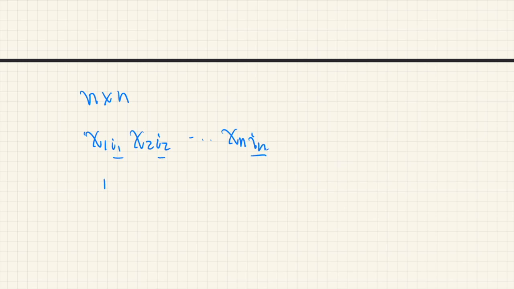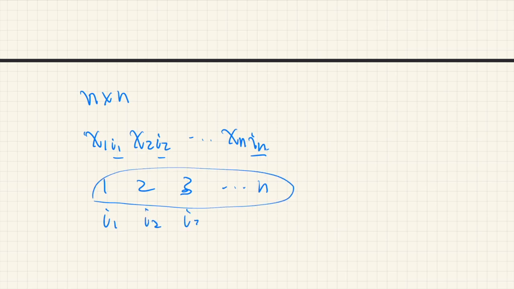Okay, so if we have an n by n matrix, then we have terms like x1 I1, x2 I2, and so on, xn In. These I1, I2, I3, and so on, In are actually permutations of these n numbers.